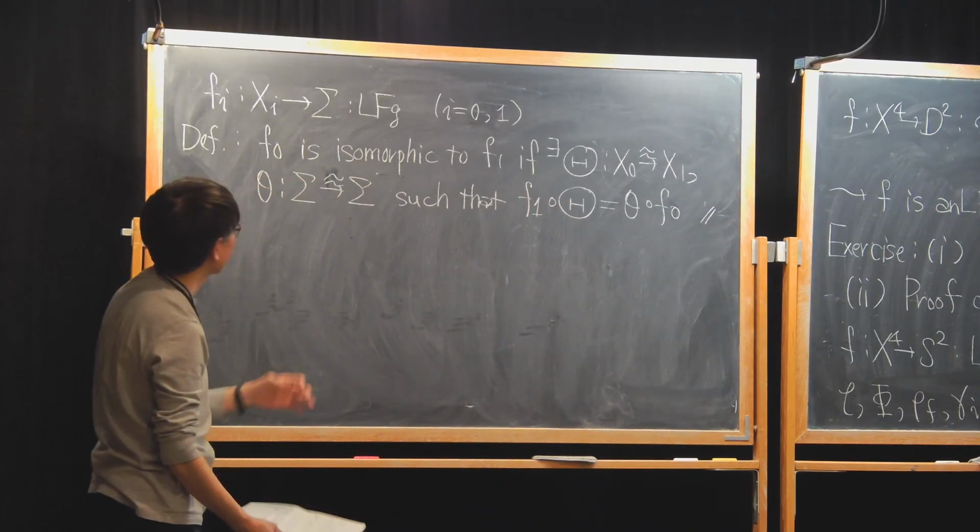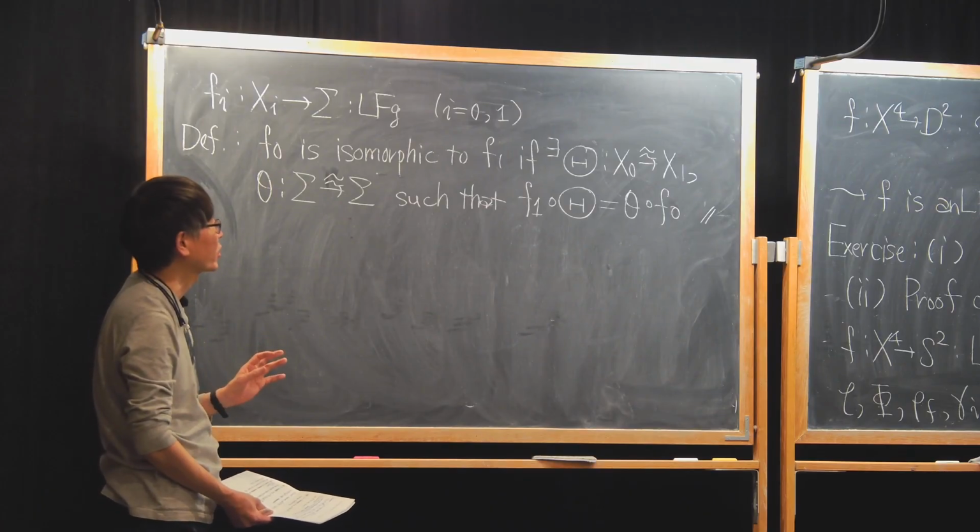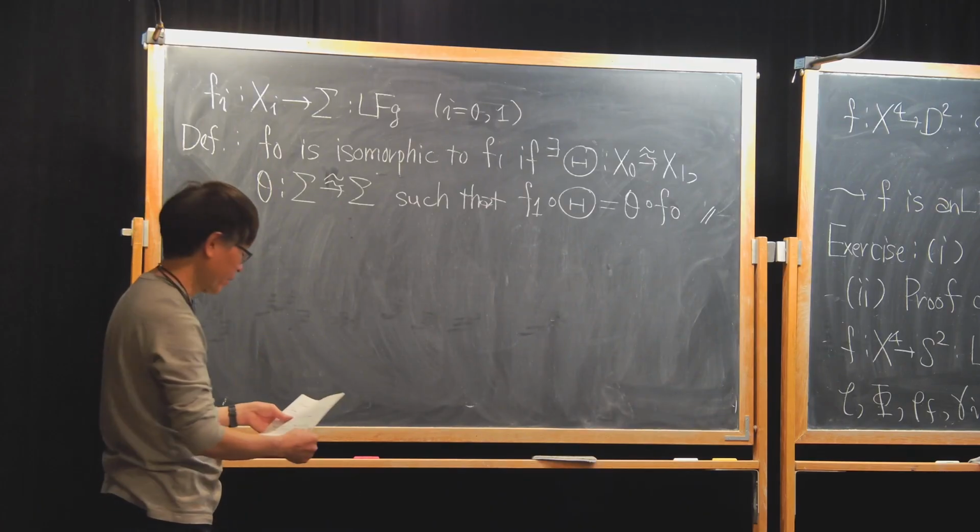So this means that there is a fiber preserving diffeomorphism between X0 and X1. Okay?